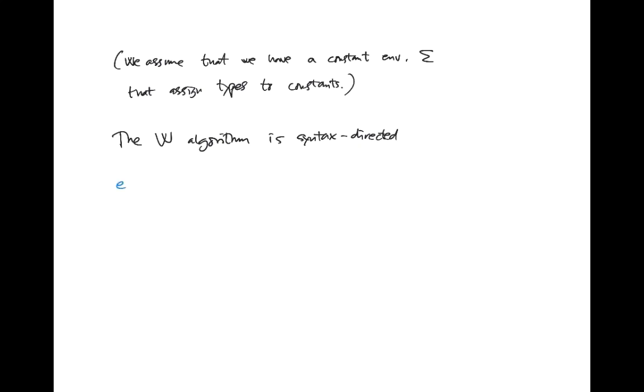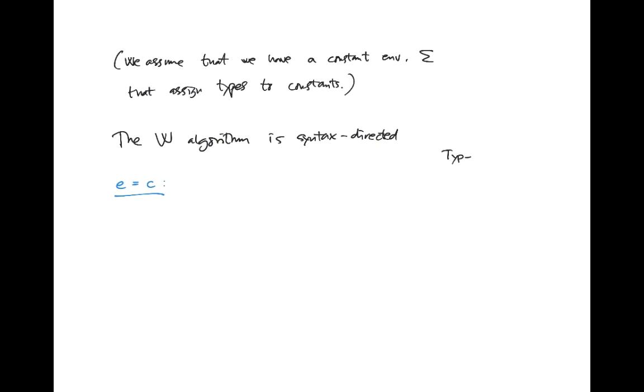The first case to consider is the case where the expression is a constant, and this is where we need the constant environment. And remember, the algorithm is based on the type rules.